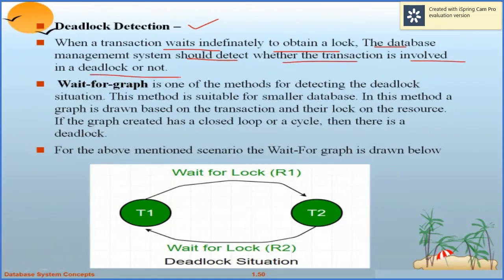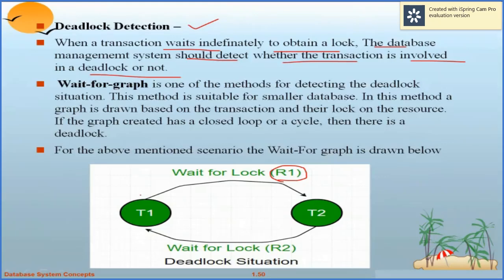For example, one transaction is waiting for a long period of time for a resource to be released by the other transaction. If this long waiting is happening, you have to check whether any deadlock has occurred or not.